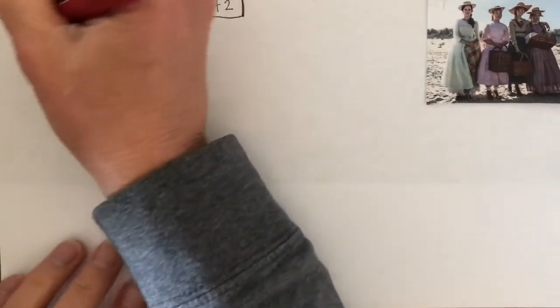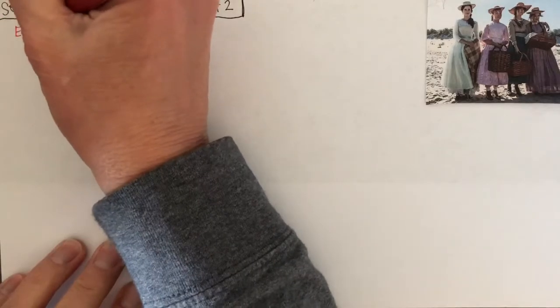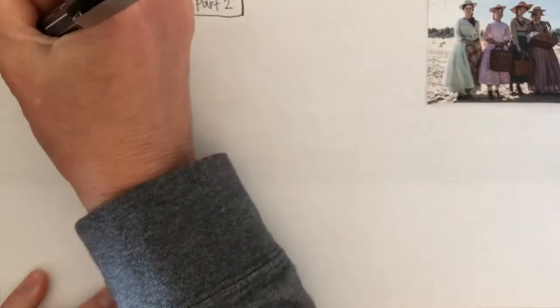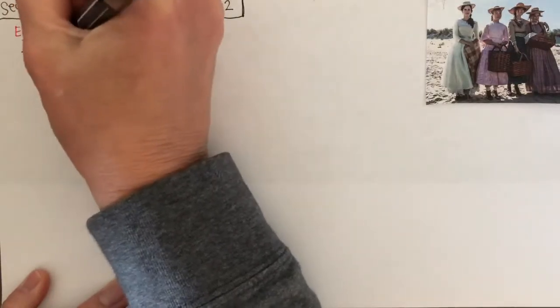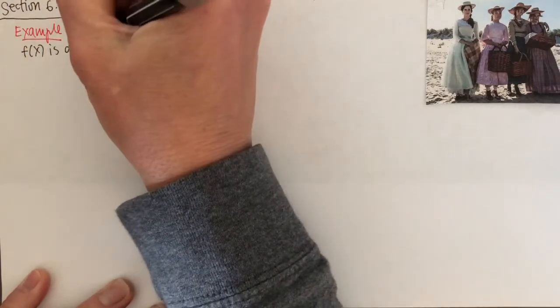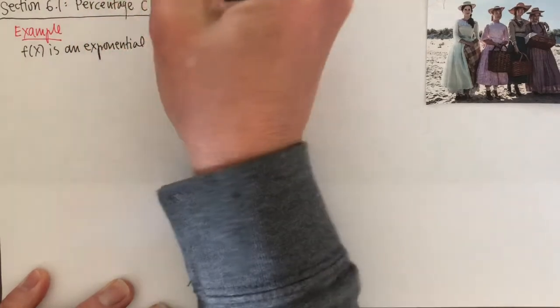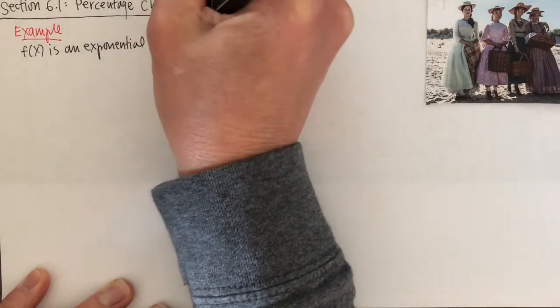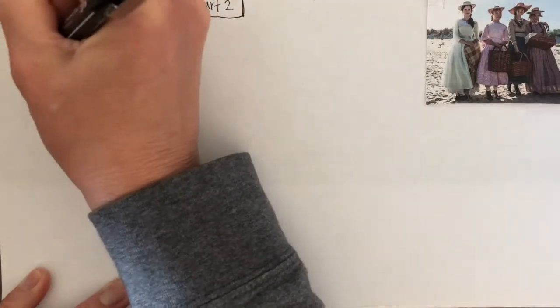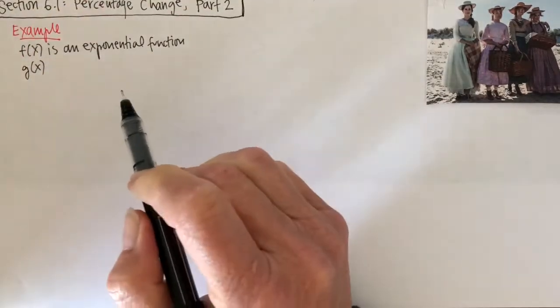And we're going to start with an example. In this example, f of x is an exponential function. Remember, that means that it's growing by multiplying a constant number from one term to the next.